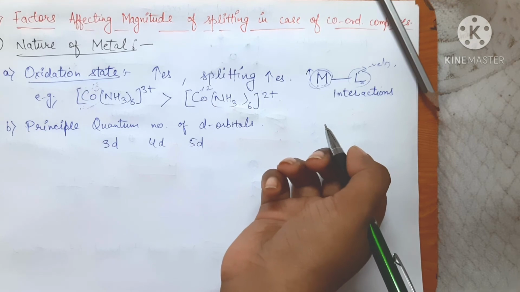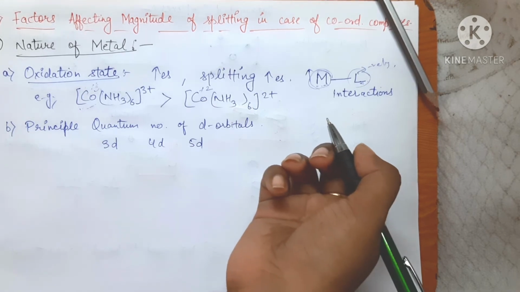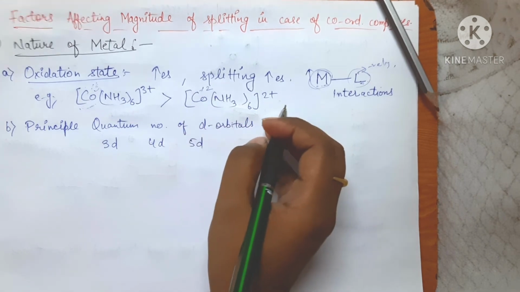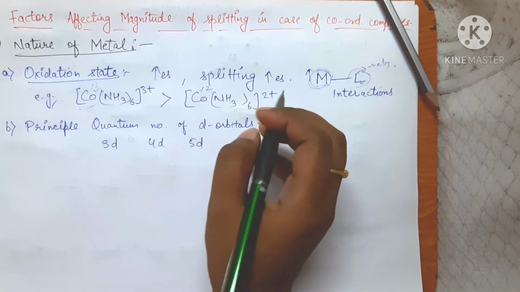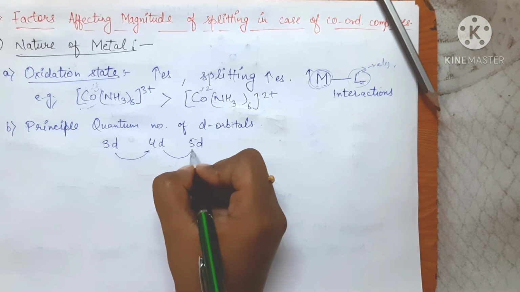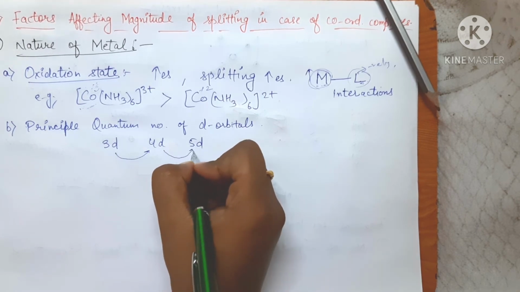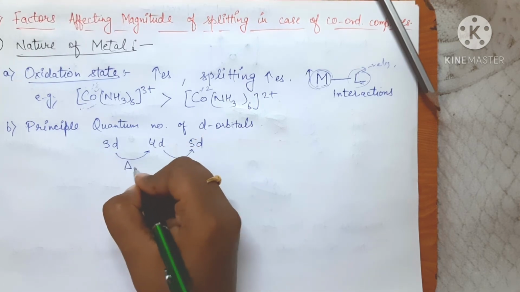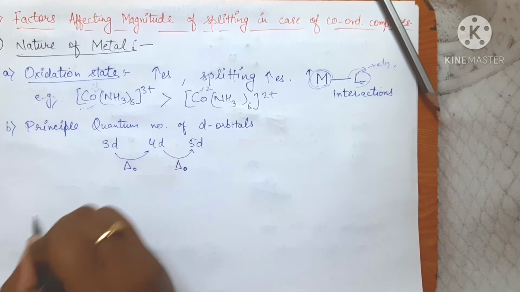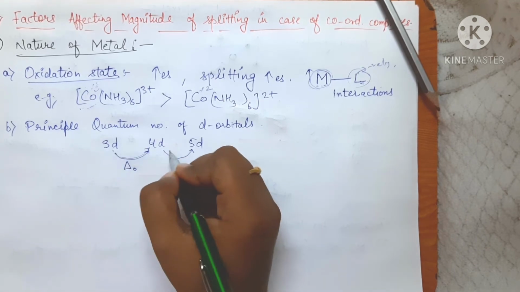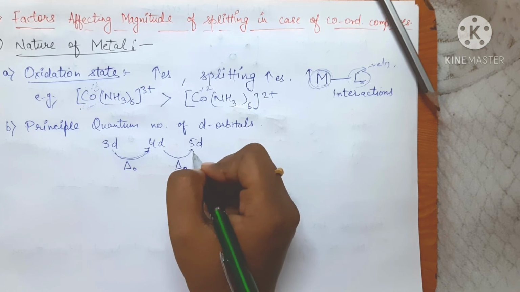In which case is splitting going to be more, that we have to identify. Simply understand what happens when we move from 3d to 4d and from 4d to 5d: there is an increase in the value of del O. If we move from 3d to 4d, del O increases, and from 4d to 5d, del O increases.